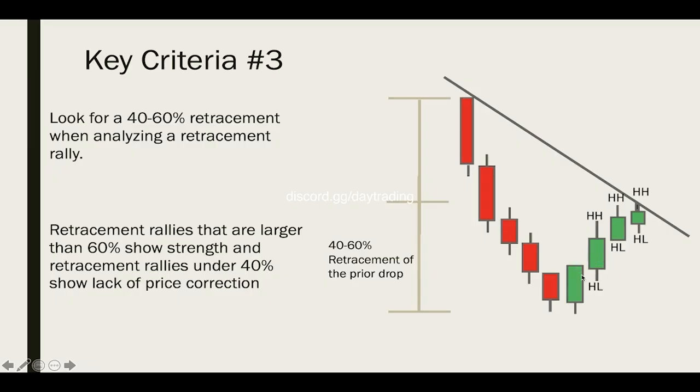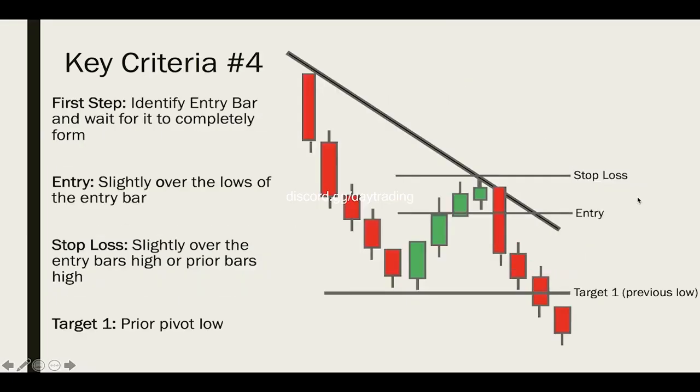Similarly, if we only retrace to right here, there's still extension from the 20-day moving average, and a full correction hasn't been made. So we're looking for the 40 to 60% area. In this case, it's around 50%. So we drop, then a 40 to 60% retracement.